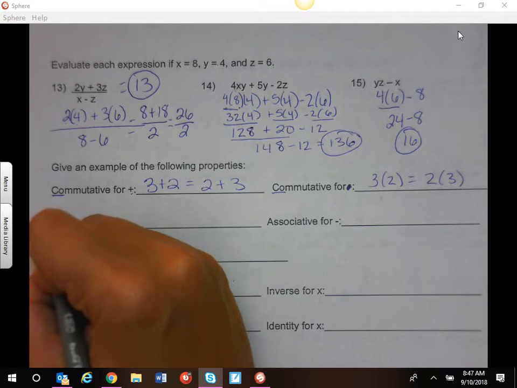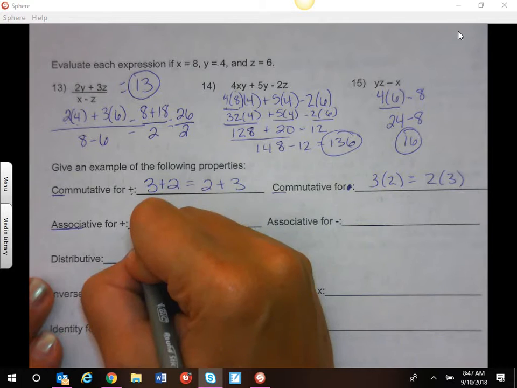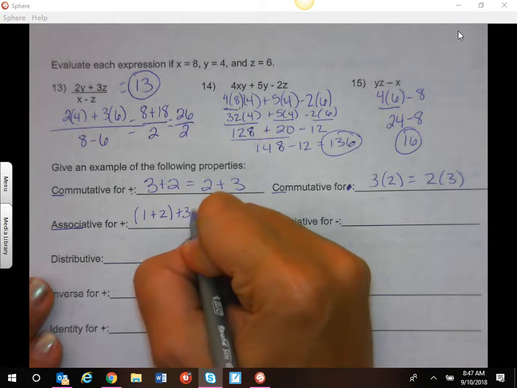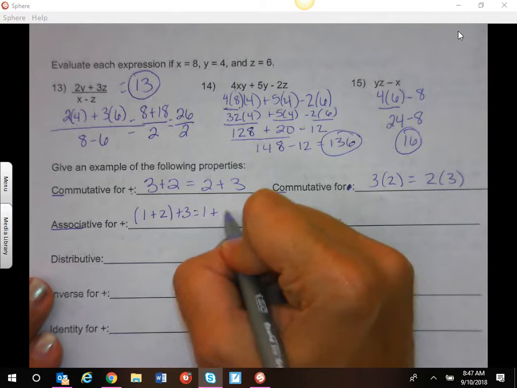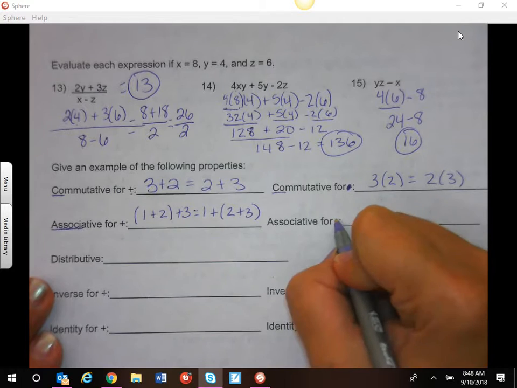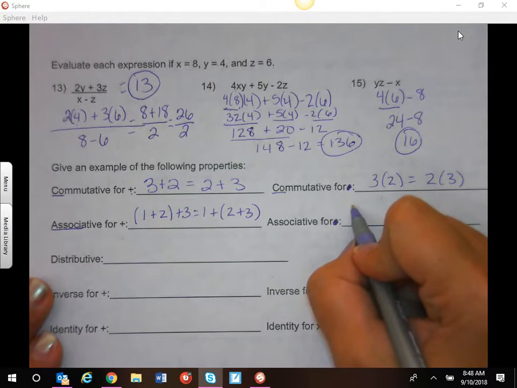The associative, remember, is when you're associating, so your parentheses are moving. So maybe you have 1 plus 2 plus 3, and then you have 1 plus, now the 2 plus 3 is in parentheses. Again, this should be a dot for times.